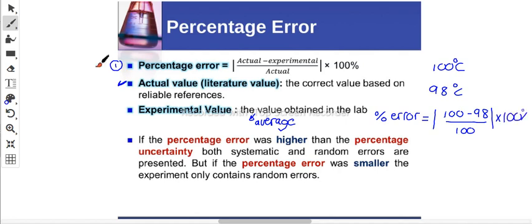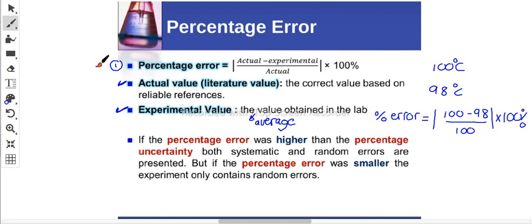So this is how you calculate the percentage error for any experimental data. You cannot calculate the percentage error if you don't have the actual and you don't have the experimental. Of course, the actual is from the literature, taken from a table, the internet, or different resources.